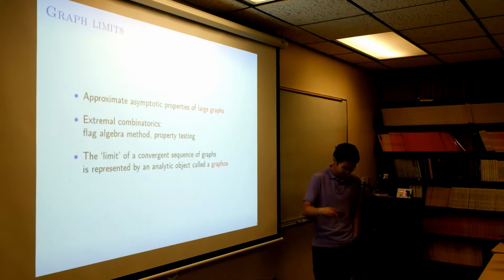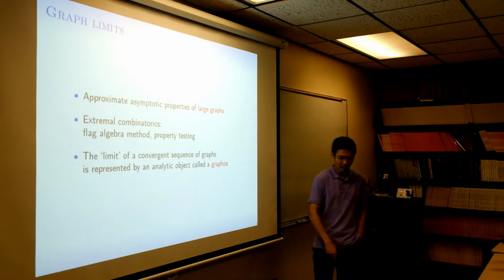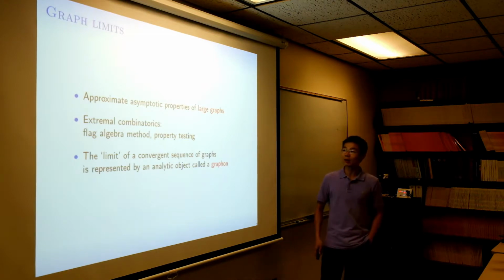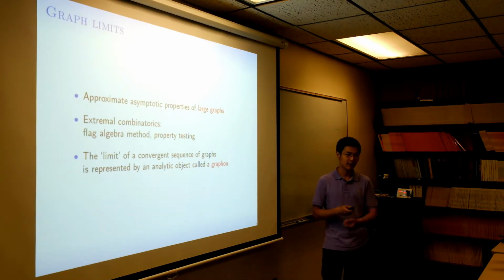Okay, so let's first look at graphons, what they are. You study graphs, and for a lot of problems, you are not studying exact properties of a graph. You are studying large graphs, and you are studying approximate, or asymptotic, properties of large graphs.